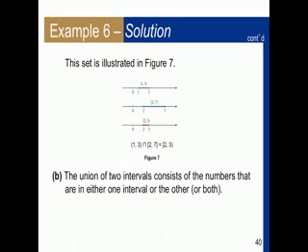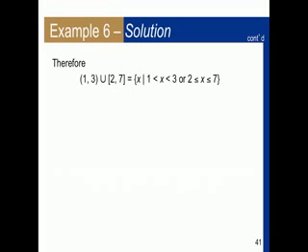And for letter B, the union of two intervals consists of the numbers that are in either one interval or the other, or in both of them. So we have the open interval of 1 to 3, and that's union with the closed interval of 2 to 7, so it's x such that 1 is less than x is less than 3, or 2 is less than or equal to x is less than or equal to 7.